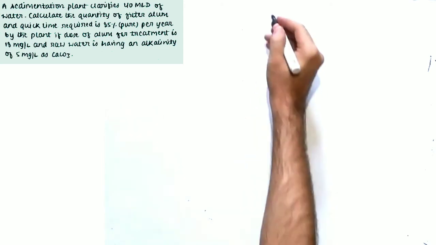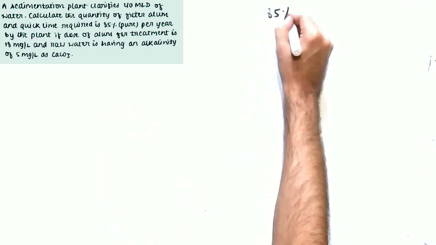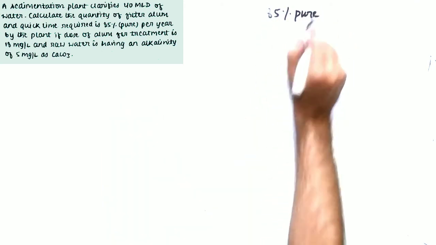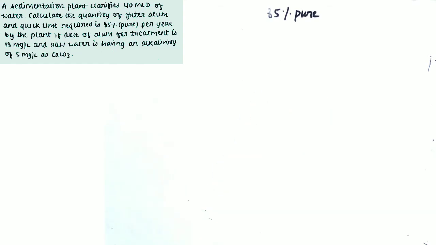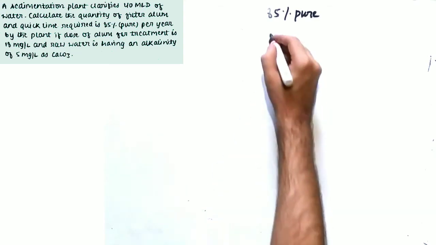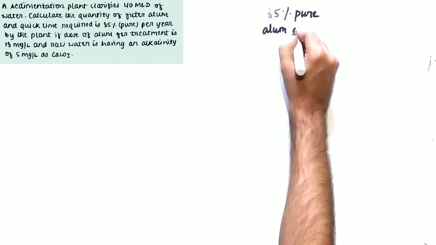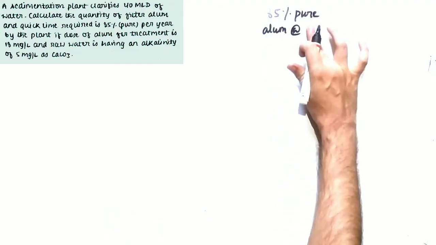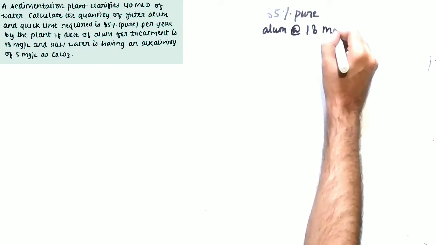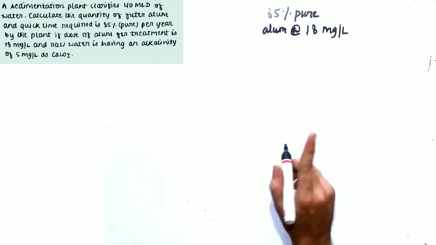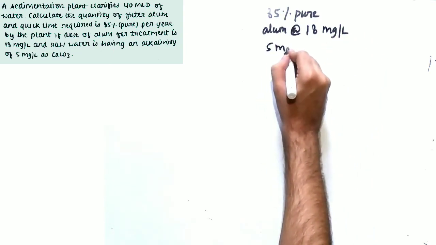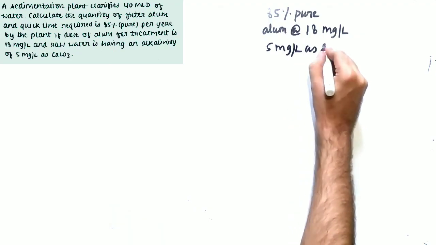So what is given in the question is that the lime is 85% pure. The question has also given you that the alum is applied at 18 milligram per liter and the water has an alkalinity of 5 milligram per liter as CaCO3.